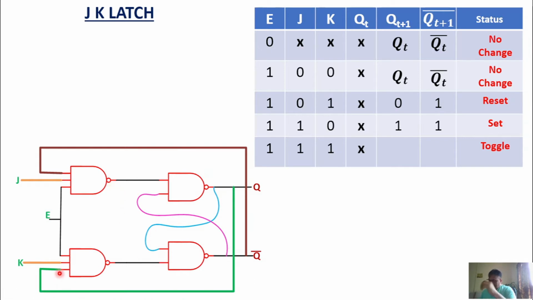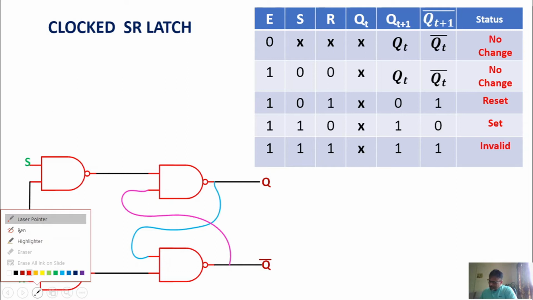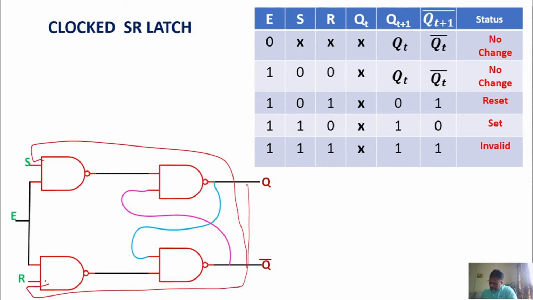Now compared to the SR flip-flop, converting this SR flip-flop into JK flip-flop is very easy. You should just make small connections here. This Q bar is connected here and this Q is connected like this.